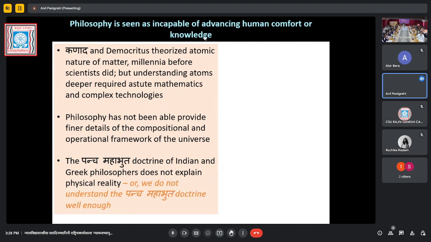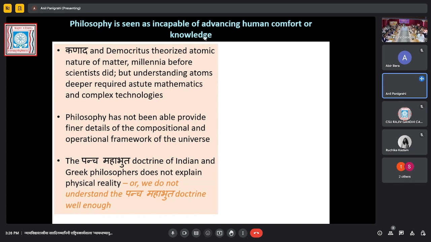You might argue, no, Kanada gave us the atomic theory, and also mechanics, and also gravity in Vaisheshika, millennia before the European scientists did.